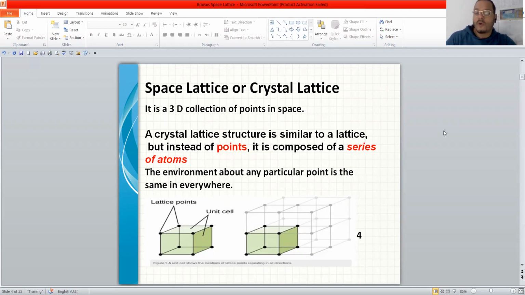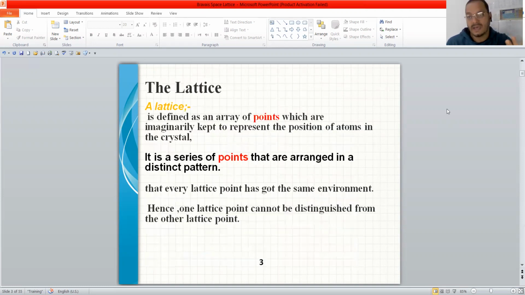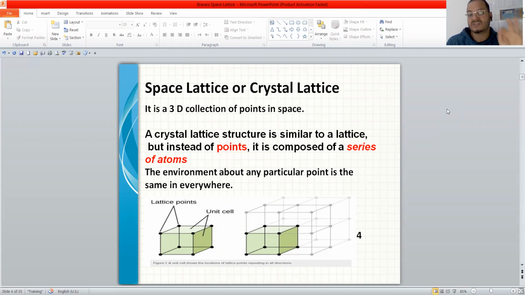Instead of points, it's composed of a series of atoms. The lattice is an array of points, while the crystal structure is a series of atoms. The environment about any particular point is the same everywhere.